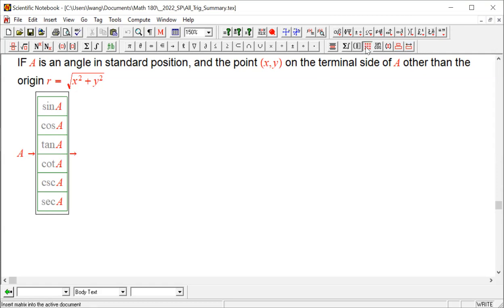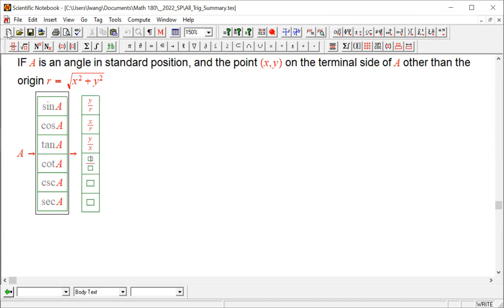The output for sine is going to be y over r, right? It's just these 3 numbers, x, y, r. The 3 numbers are being ratioed in different order. x over r, that's for cosine. Tangent is y over x.